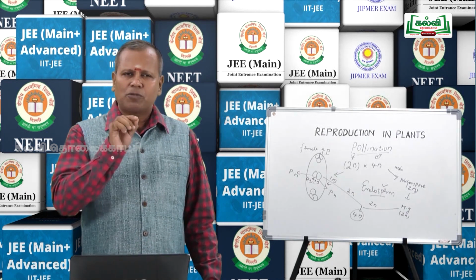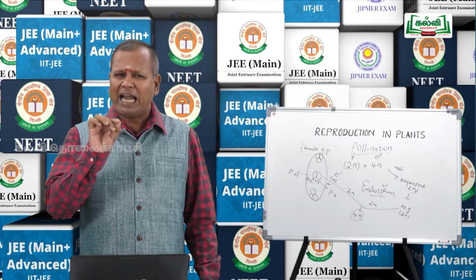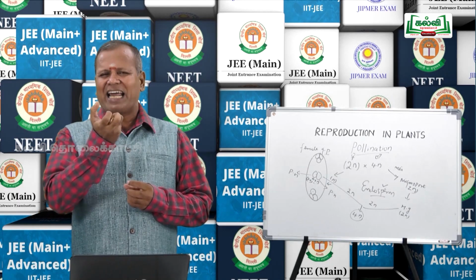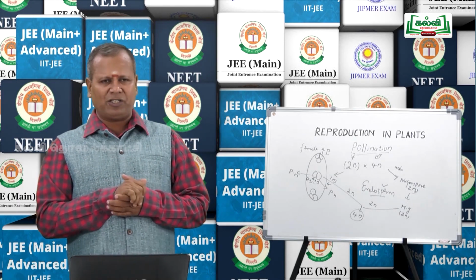Option A, small flowers producing nectar and dry pollen. Option B, small brightly colored flowers producing a large number of pollen grains. Option C, small flowers producing a large number of pollen grains. Option D, large flowers producing abundant nectar and pollen. Generally, flowers with nectar attract insects for cross pollination.